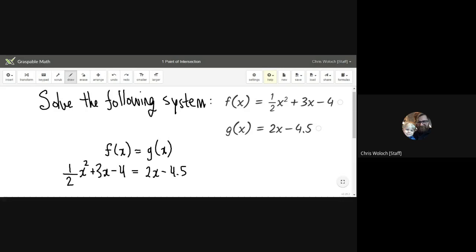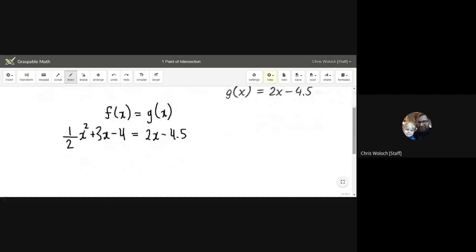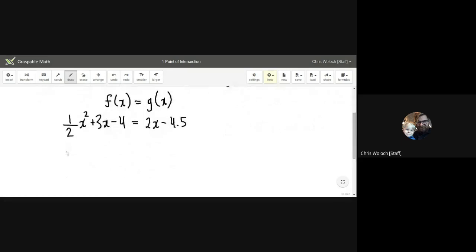And then what I'm going to do next is, from these two different functions, I'm essentially absorbing them into each other to create a new function that I can solve to get the point that I want. So now if we simplify this, I have 1/2 x squared.